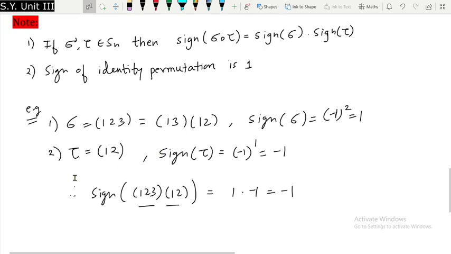So this is a beautiful example of this first note. So that's all about the revision, I will say, regarding the concept of permutation. Now we are ready to discuss the definition of skew symmetric function, which we will see in the next class, and then we will go for the definition of determinant.